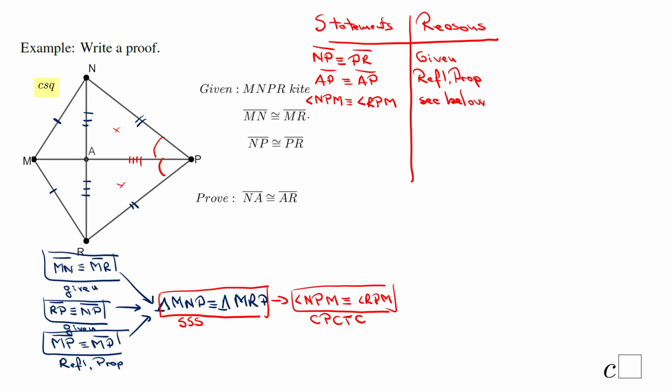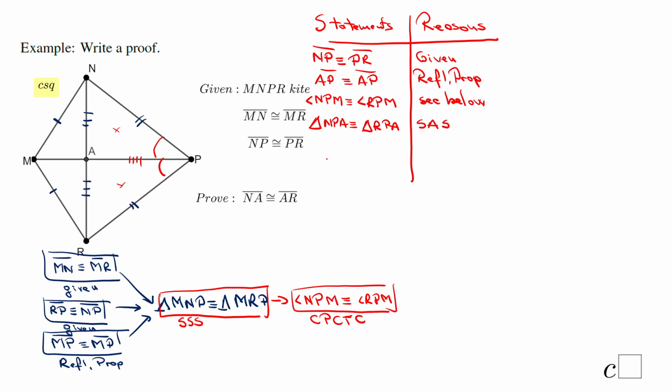And now we can say about those two triangles, like I marked them, triangle NPA congruent to triangle RPA. And the reason is side angle side theorem, right?